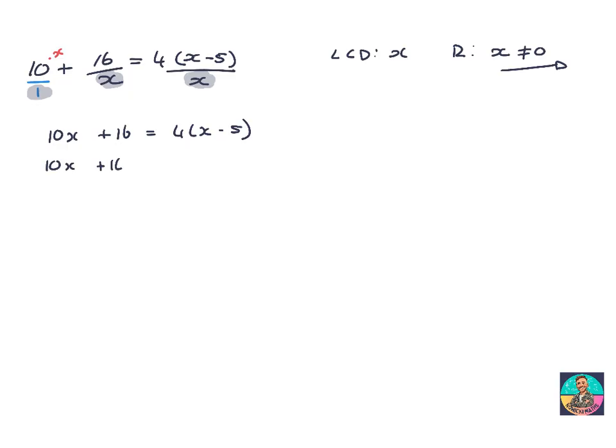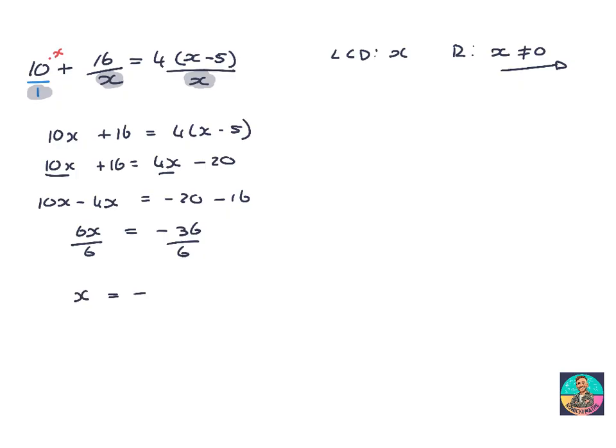From here, we will treat this as a linear equation. We will take our variables to one side, so let's take them to the left, and we'll take our numbers to the other side. That gives me 6x equal to negative 36. Divide both sides by 6, and I get negative 6 as a solution.